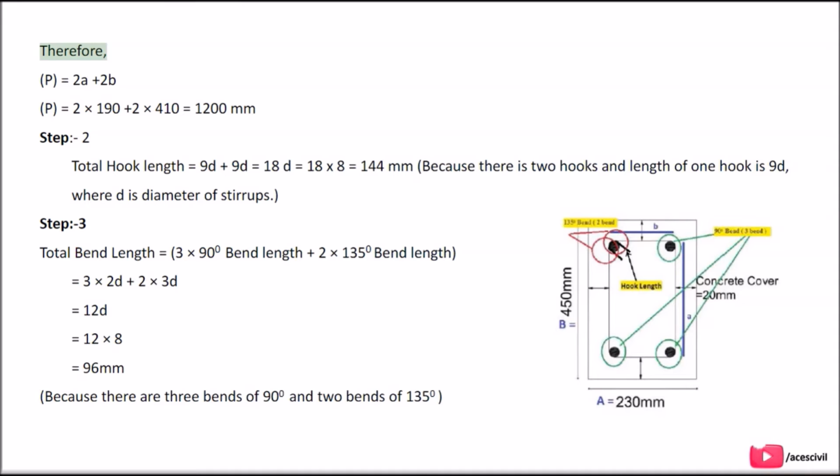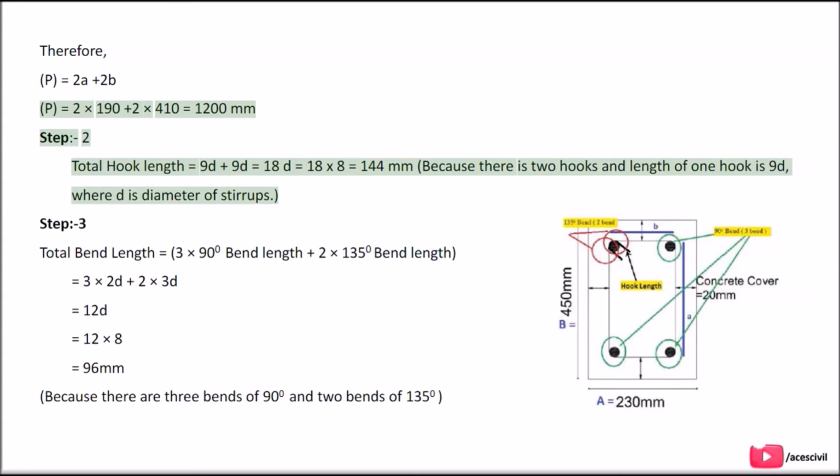Therefore, P equals 2A plus 2B, equals 2 times 190 plus 2 times 410 equals 1200 mm.